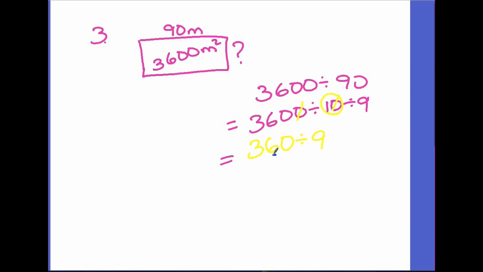Forget about the 0 right now. We'll just bring it straight down. And what's 36 divided by 9? 4. So what is the width of the banquet hall? Camden? 40 what? 40 meters.